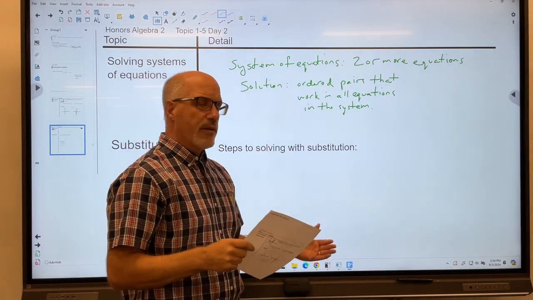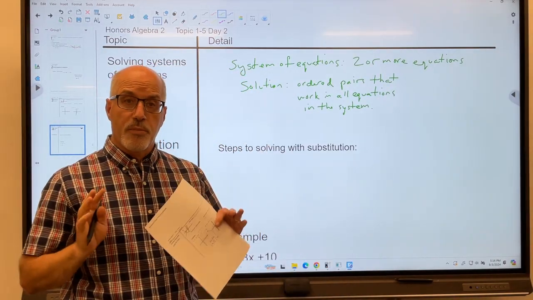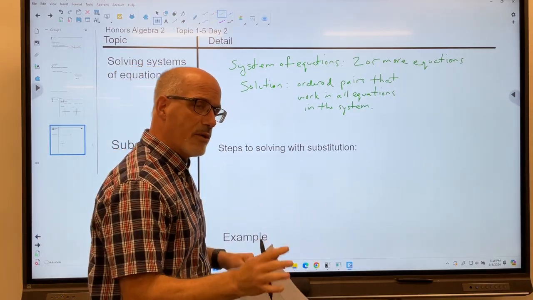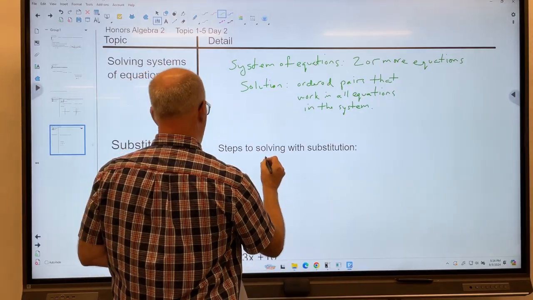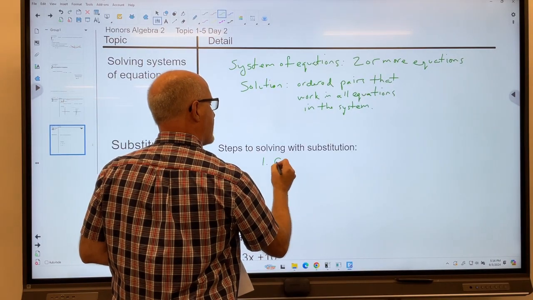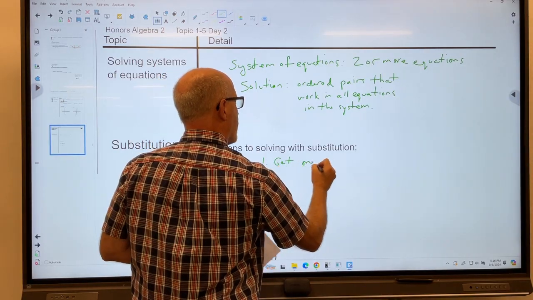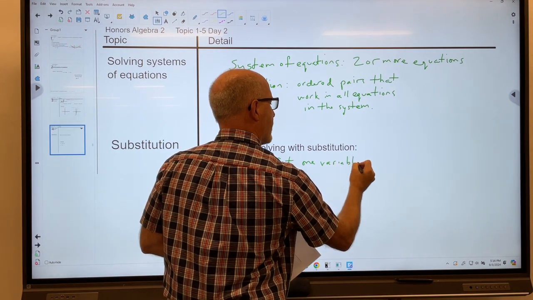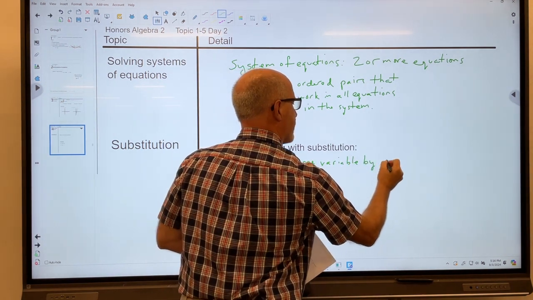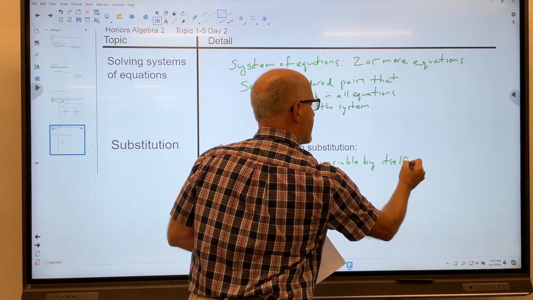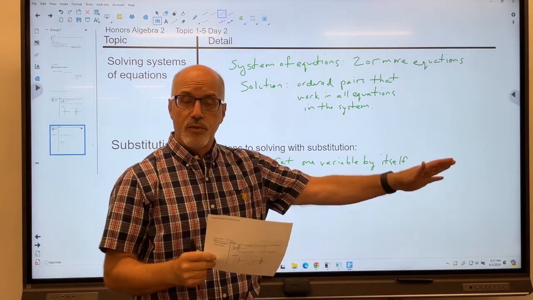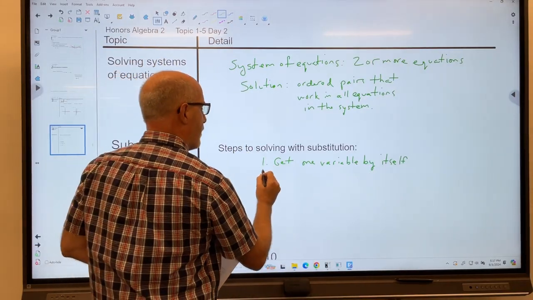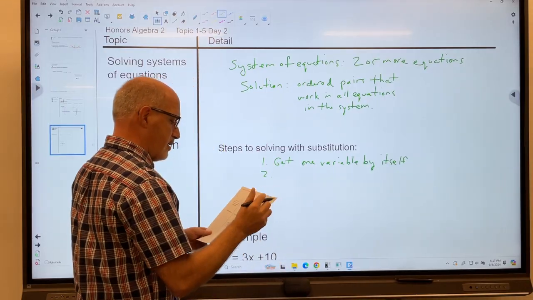Now we want to come up with some steps for doing substitution. You're probably familiar with this, so this will come fairly quickly. But just to be organized, we want to make sure that when we solve these, we get one variable by itself. Sometimes it's already by itself, but we want to either get x equal to everything on the other side, or y equal to everything on the other side, or whatever variables you're using in the system.